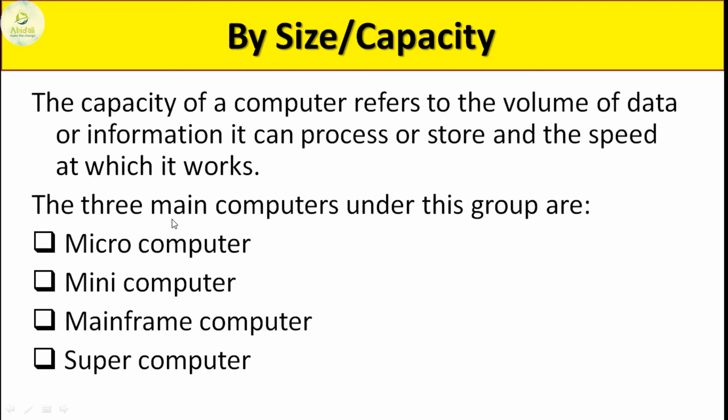Based on this, we have three main computers, but the general classification goes further in depth. There are microcomputers, minicomputers, mainframe computers, and even supercomputers, which fall under the category of size and capacity.